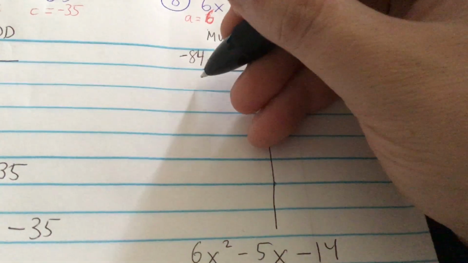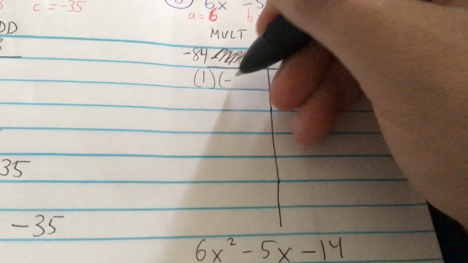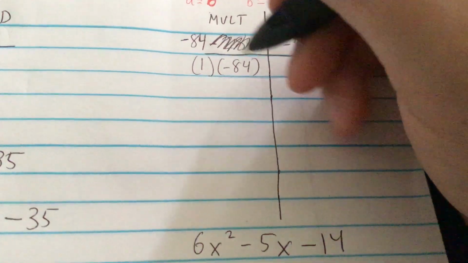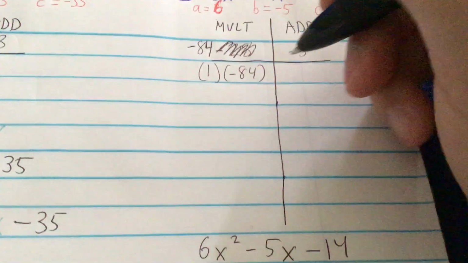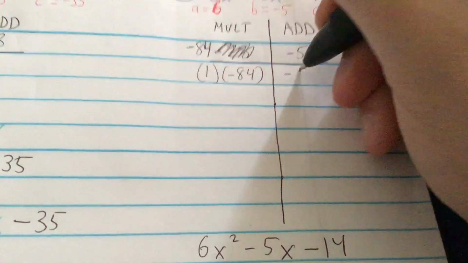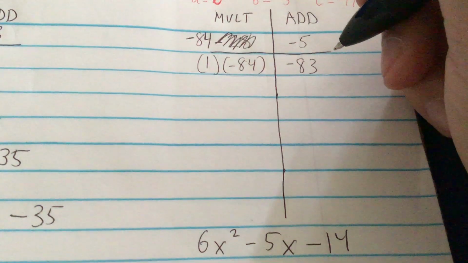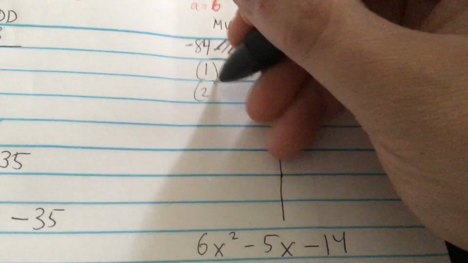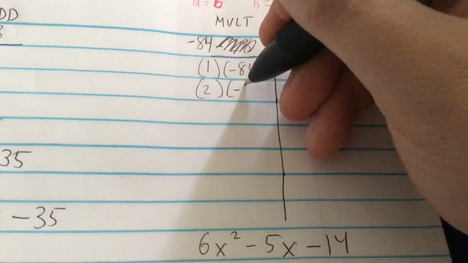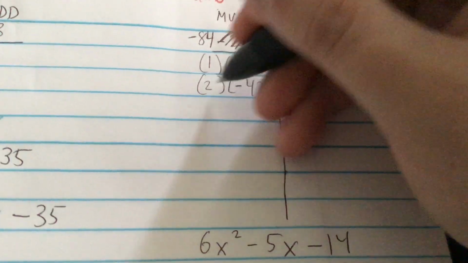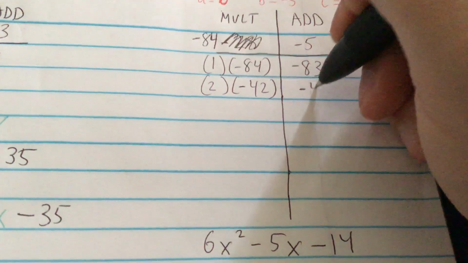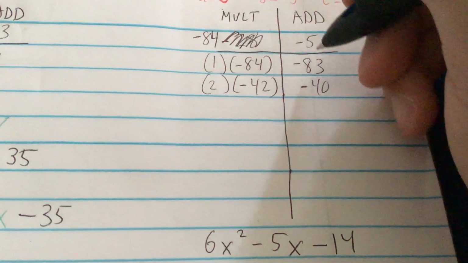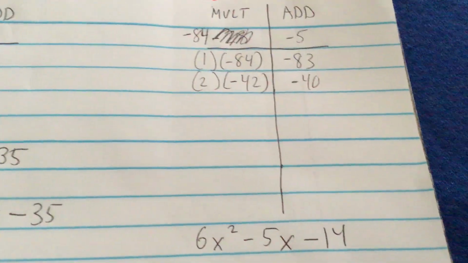So let's make a table of weak positives and strong negatives. 1 times negative 84 is negative 84. 1 plus negative 84 is negative 83. Let's try 2. 2 and negative 42 multiply to negative 84, but they add to negative 40. So we're still a long ways away, but you see how much it cut out to get closer to negative 5?